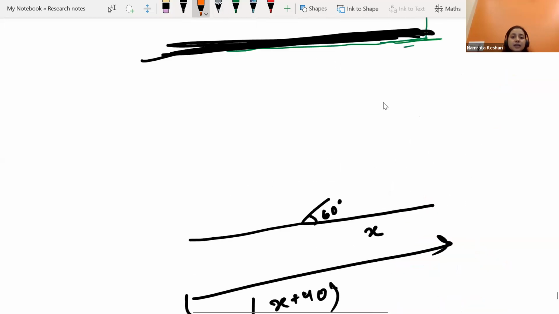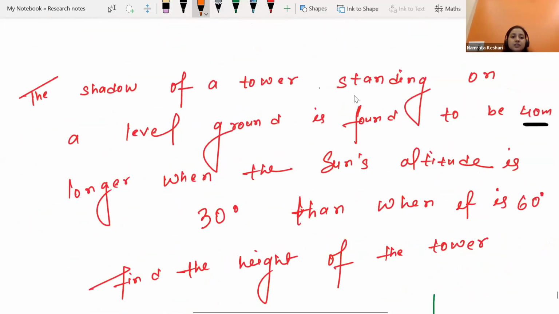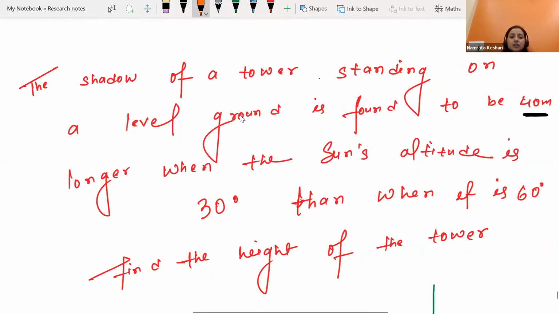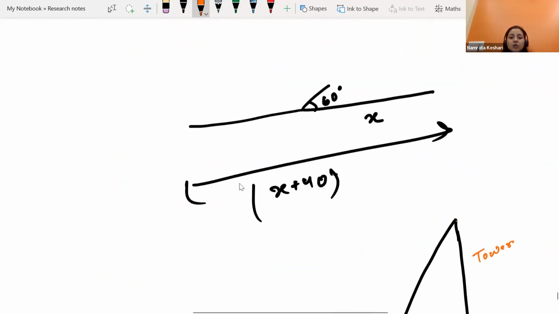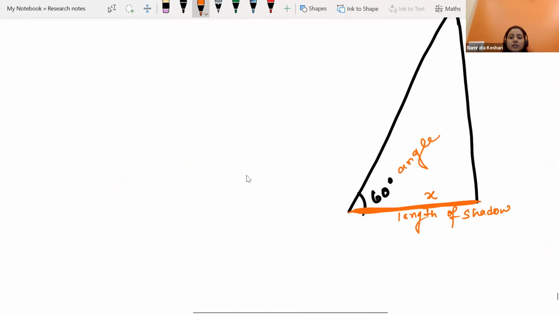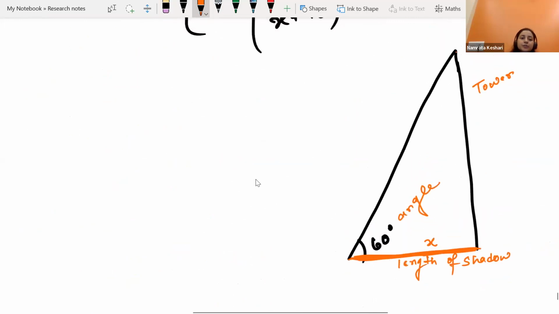Now it says that the shadow of the tower standing on level ground is found to be 40 meter longer when the sun's altitude is 30 degrees. Now when the sun's altitude, again the same tower. Okay.